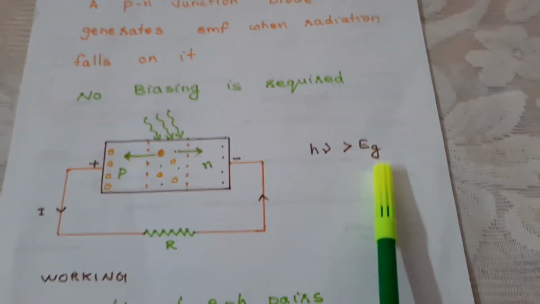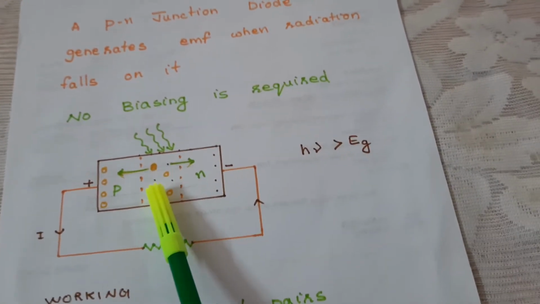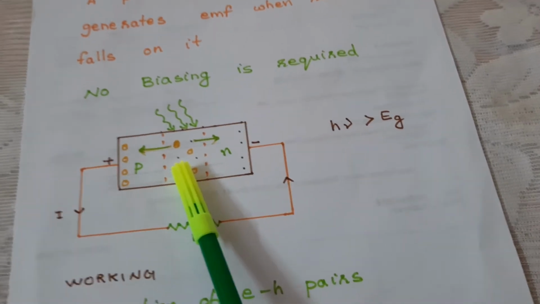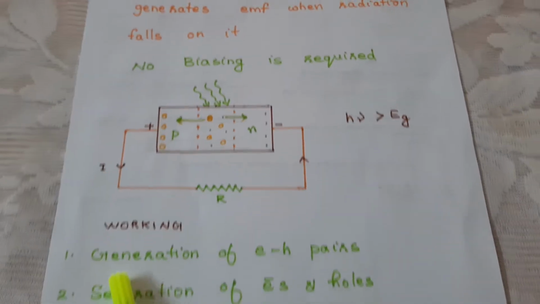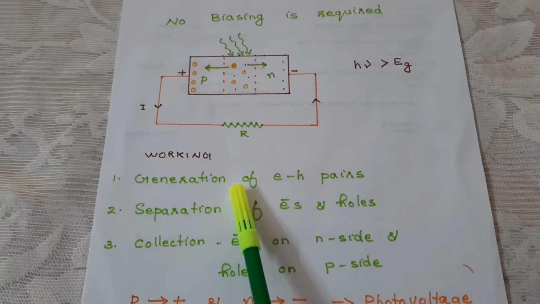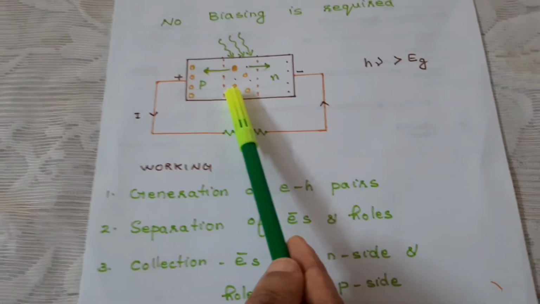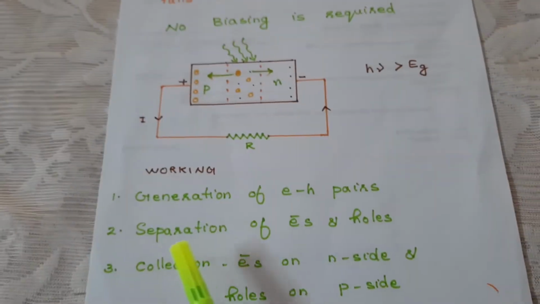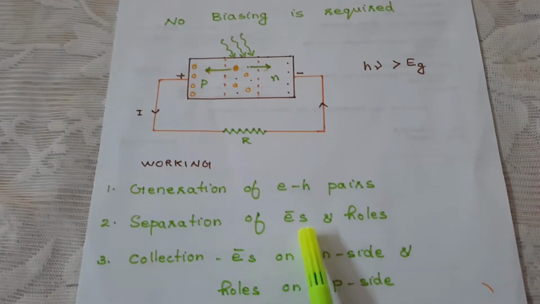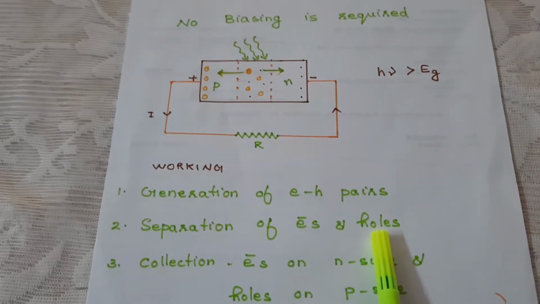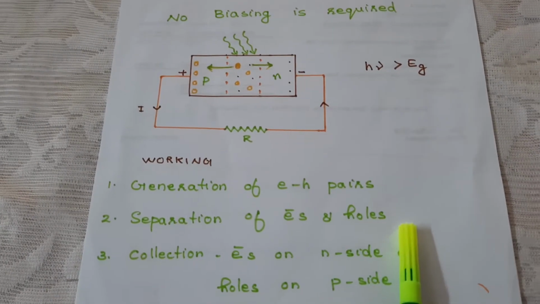When light photons with energy h nu greater than band gap energy fall on the PN junction, in the first step, electrons and holes are generated. That is, generation of EH pairs. And the second process is separation of electrons and holes before they recombine.